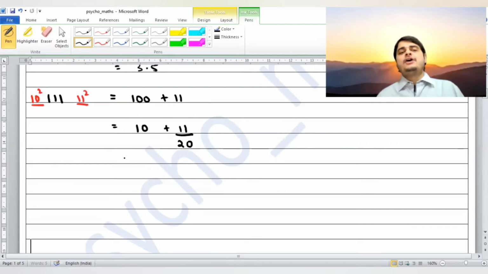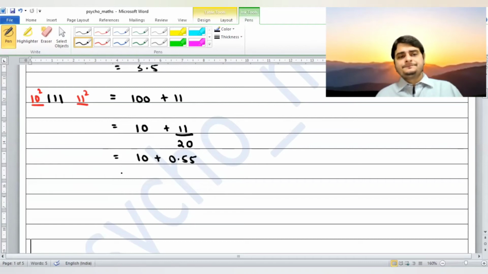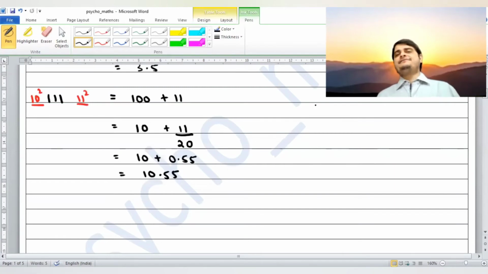Double of 10 is what? 20. So 10 plus 0.55. Check it thoroughly. So the square root of 111 is 10.55.